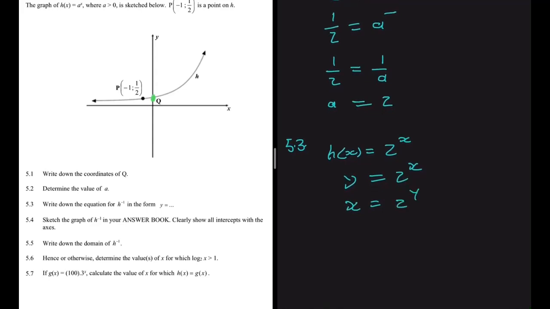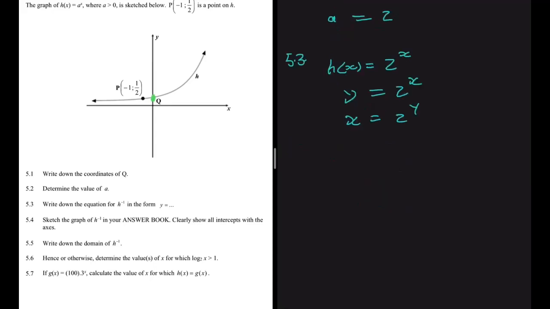And then if you solve this, then you have the equation of the inverse. But it looks a bit complicated now. We have y as an exponent. How do we go through that? We introduce log on both sides, right? So we're going to have log of x being equal to log of 2 to the power y. So log of x will be equal to, we can bring y down because we've introduced the log, right?